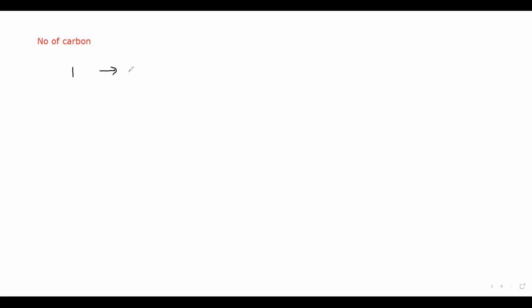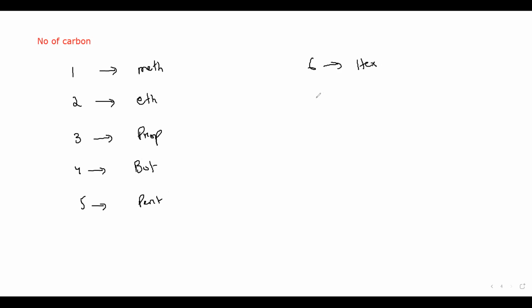If you have one carbon, we'll say meth, two, eth, if three, we'll use the term prop, if four, but, five, pent, six, hex, seven, hept, eight, oct, nine, non, and we can have more than 10 as well, but we just have to learn up to 10.